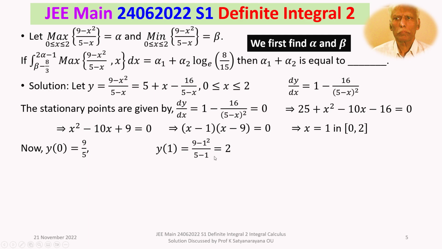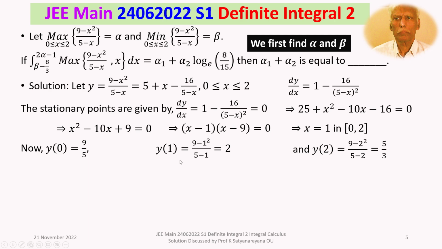Now go to the end point, and y at 2 is evaluated and we get 5 by 3. So what are we observing? As x varies from 0 to 1, it increases, and as x varies from 1 to 2, it decreases.